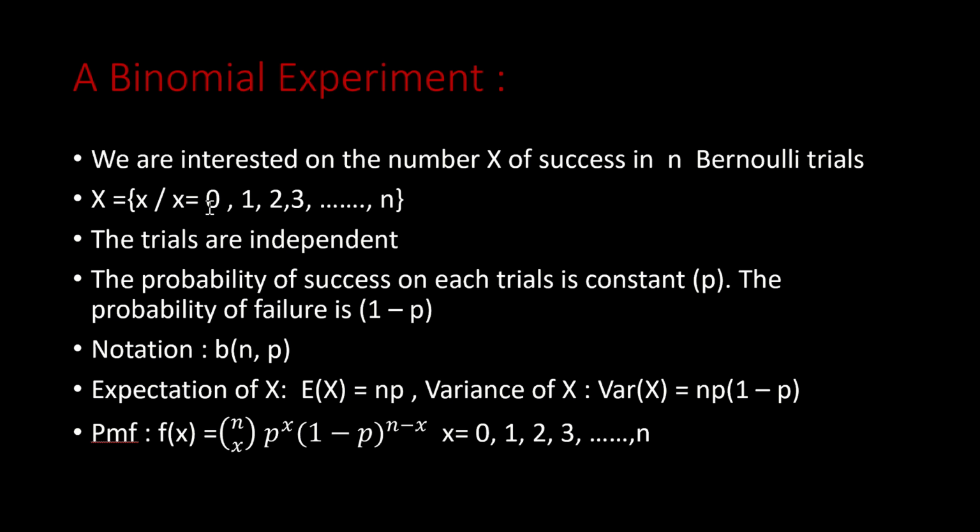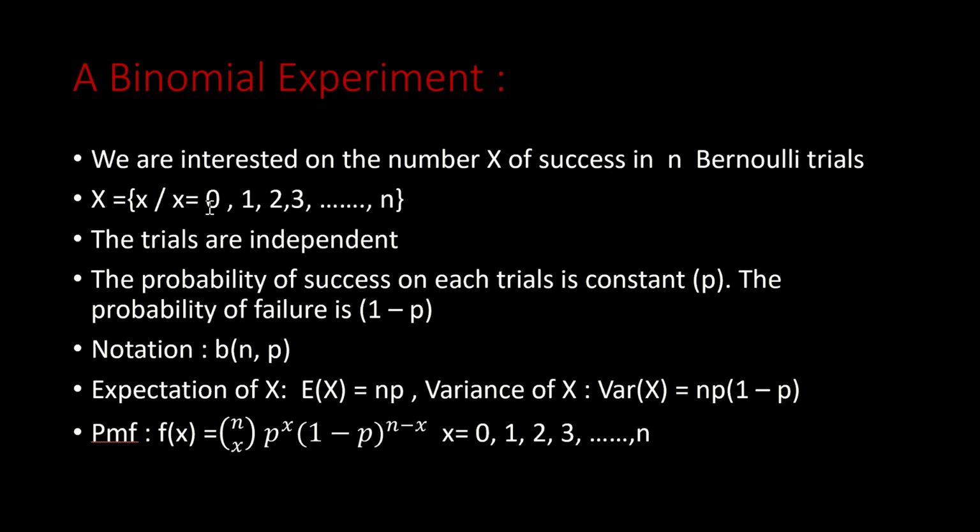So the way you see this is just like you do a series of independent experiments, and each experiment is a Bernoulli experiment, and at the end you are interested in how many times on those experiments you get a success outcome, and that is a binomial experiment.